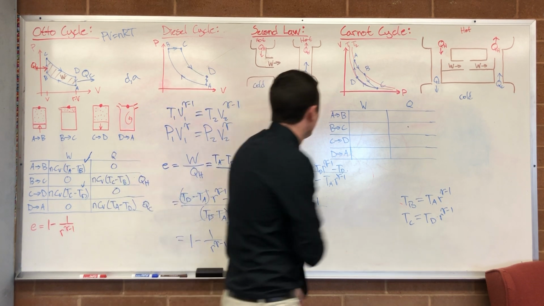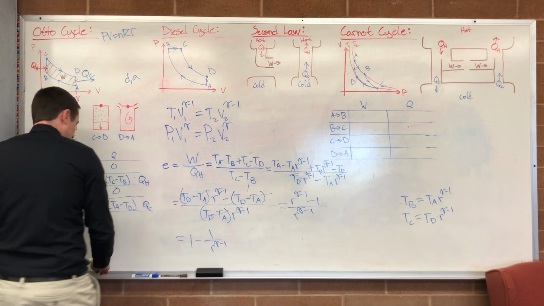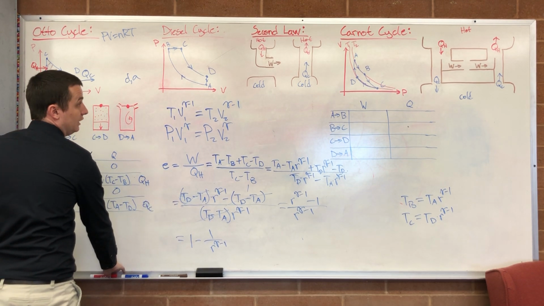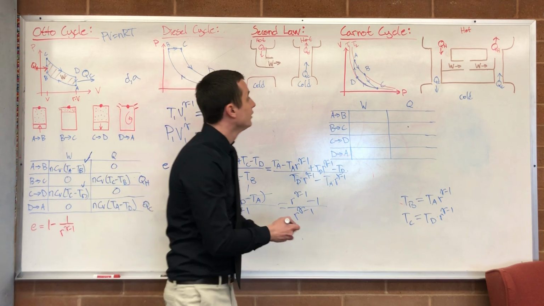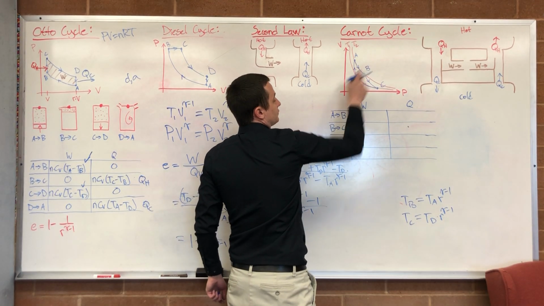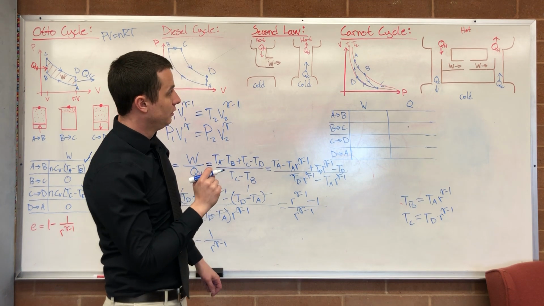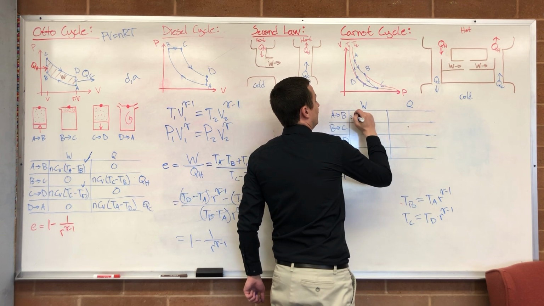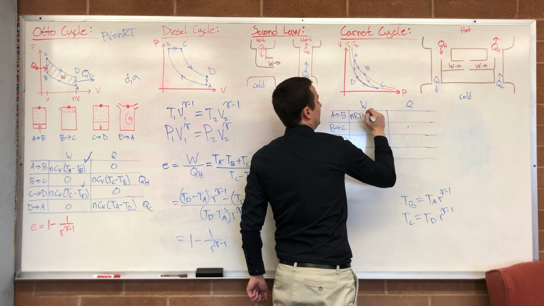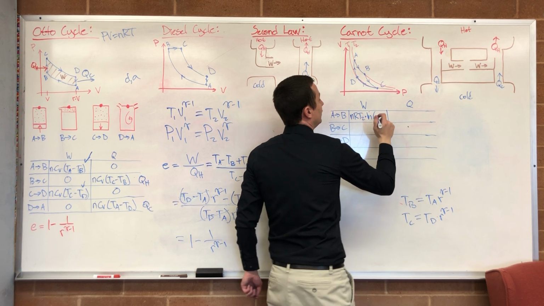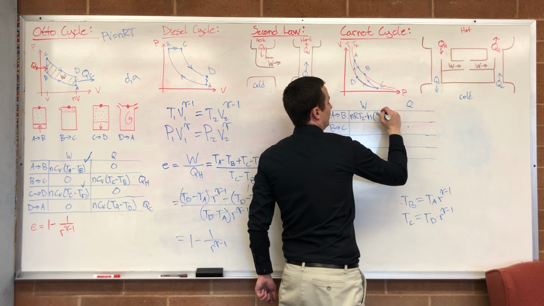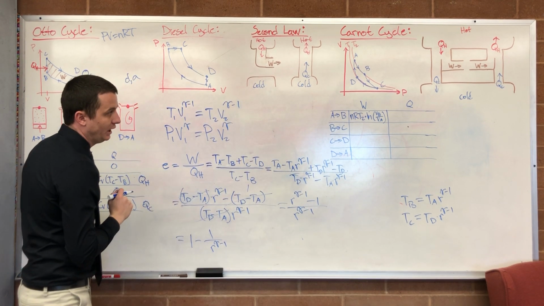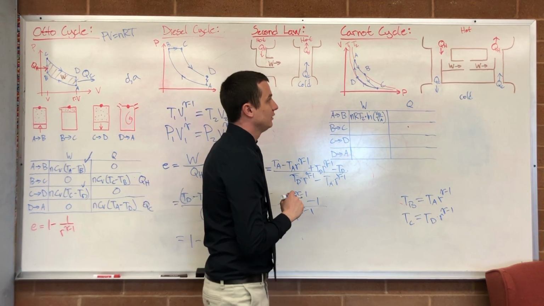Okay, so let's calculate the work done and the heat that goes into each part of this cycle. So from A to B, what is the work that we do? Well, nRT2 times the natural log of our final volume over our initial volume, right? So that's the work done going from A to B. What about the heat added to the system going from A to B?